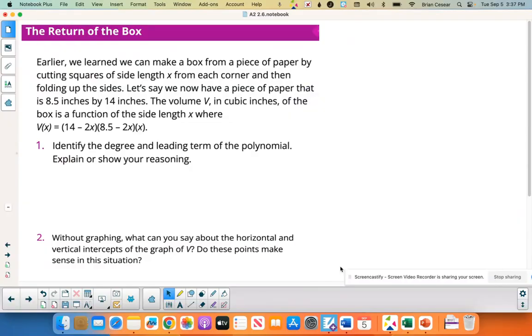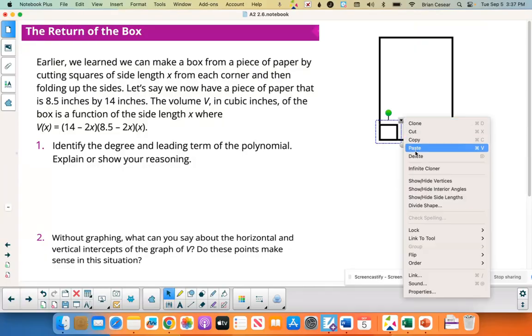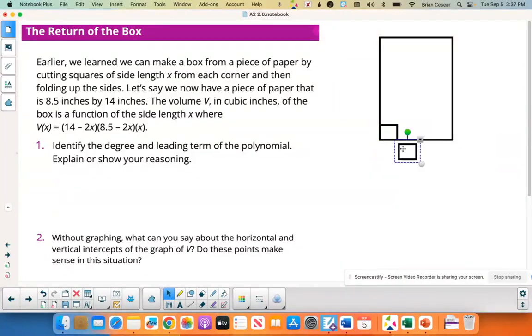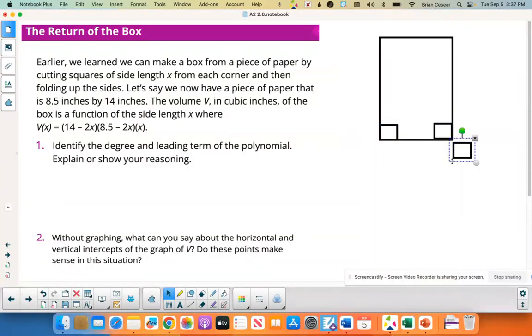So just to make sure we remember this, I'm going to draw a little picture here. If this is my piece of paper, you're basically going to cut these little squares out of every corner. And I'll show you here what's going to happen.